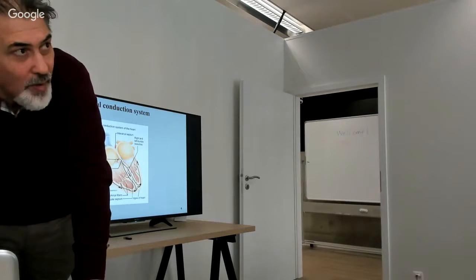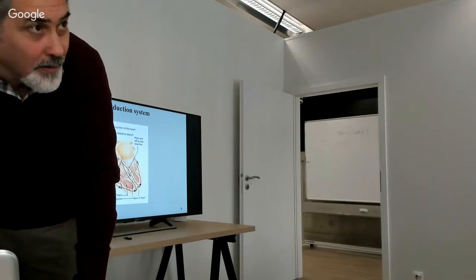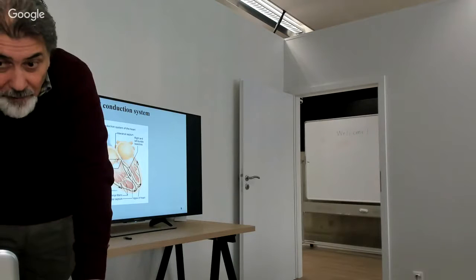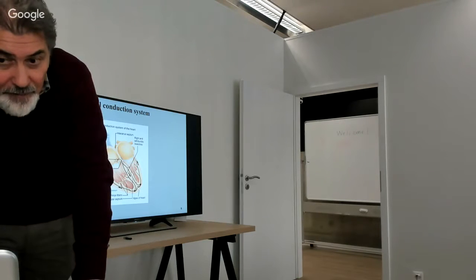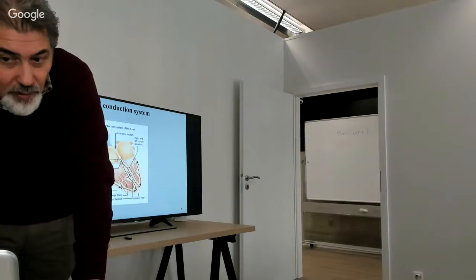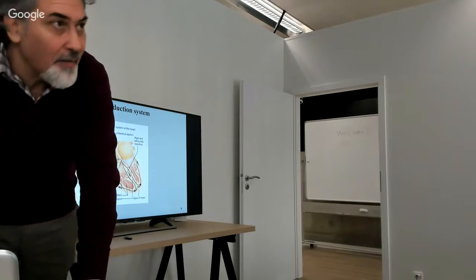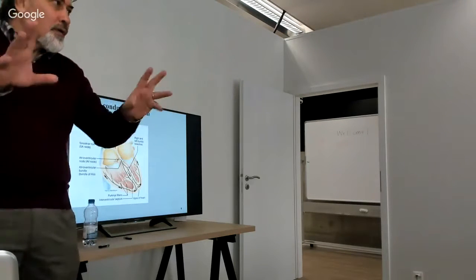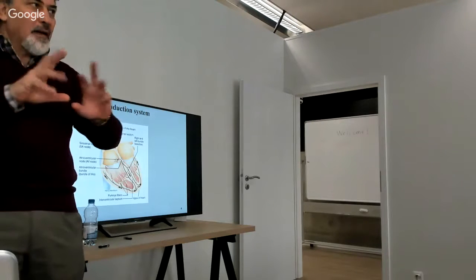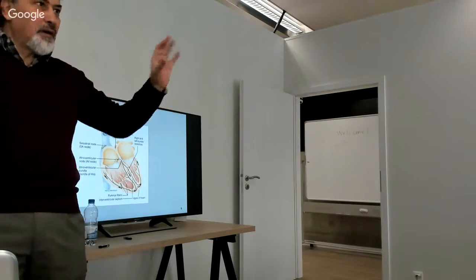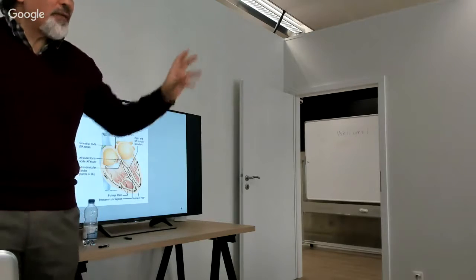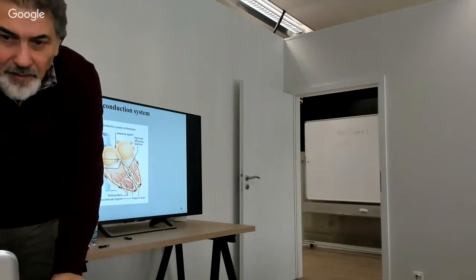This is the only way the impulse can travel. Then the bundle of His divides into two bundles, the right and the left, and they have branches and originate a network of Purkinje fibers that conduct the impulse very fast.